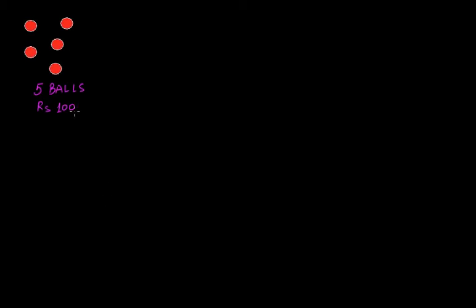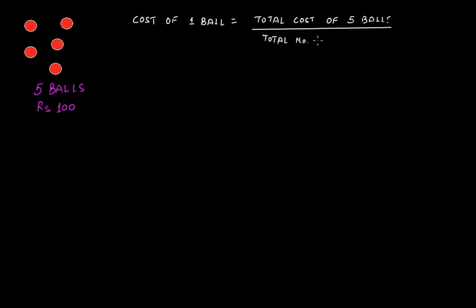Suppose I have to find the cost of one ball, then I'll say that what you have to do is take the total cost of 5 balls divided by the total number of balls, that is 100 divided by 5, that will give you 20.